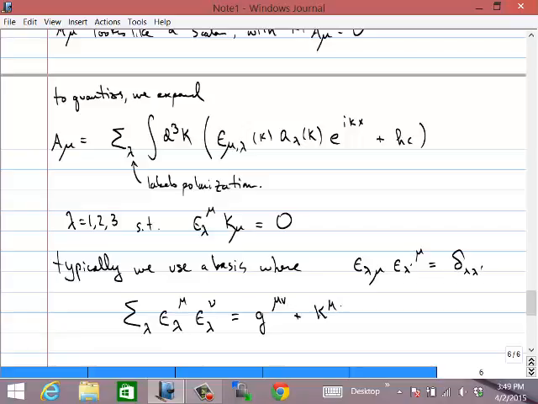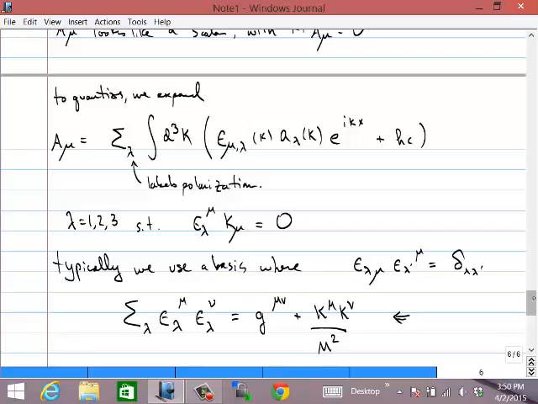But if you work out the details, and this is easiest to do, I suppose, by just going to the rest frame of the vector field and writing out an explicit basis of vectors, you'll find that you get a formula like this. So I believe in one of the problem sets last semester you derived this formula for a massless gauge field. And this is just a very similar formula for a massive vector.